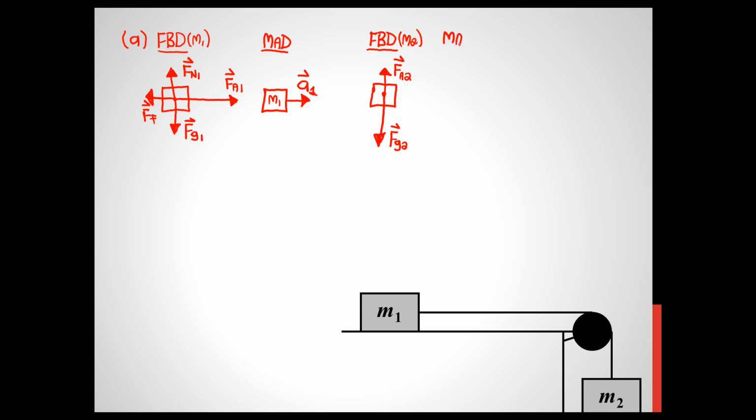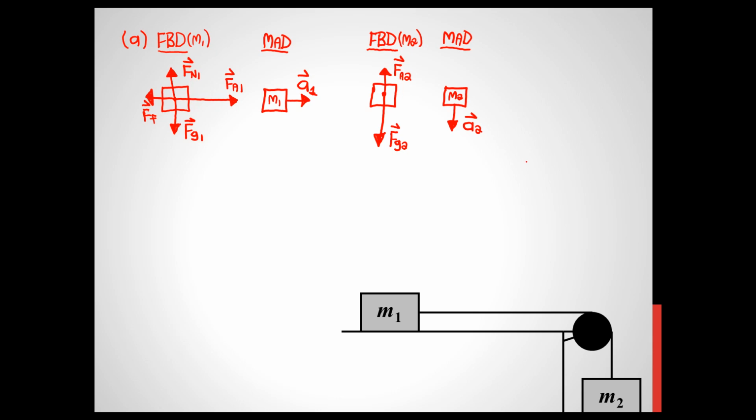Okay, so the MAD would then be, draw the mass, M2, and then just pick a vector to represent the acceleration, and we're going to call this one A2. Okay, so that's my free body mass acceleration diagram for both masses 1 and 2.